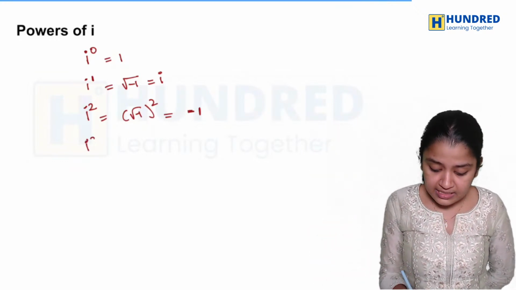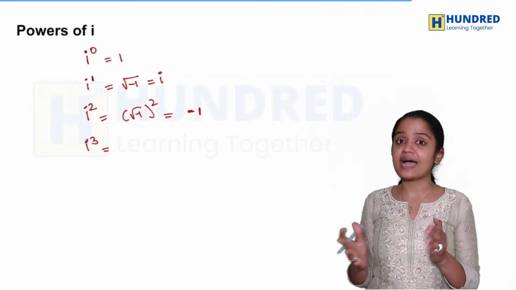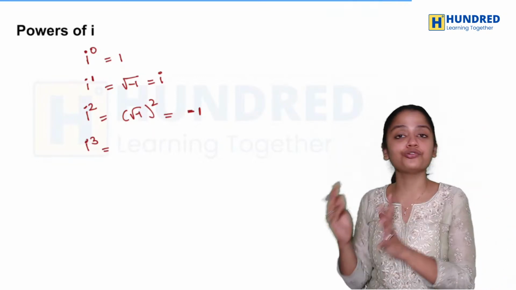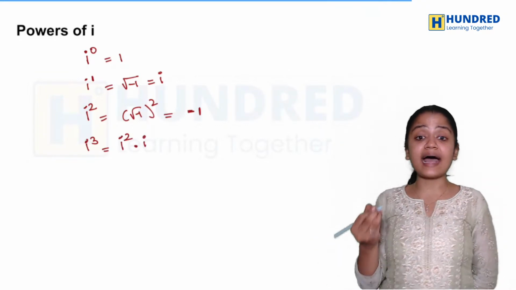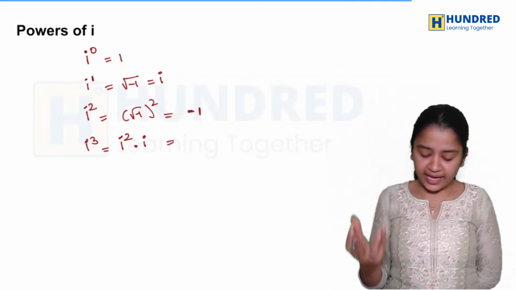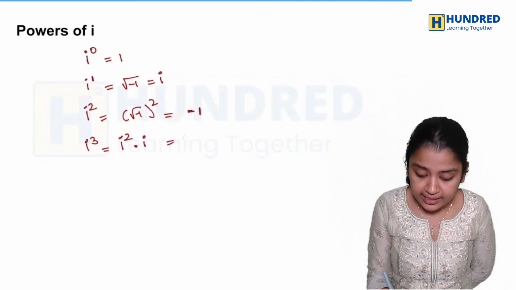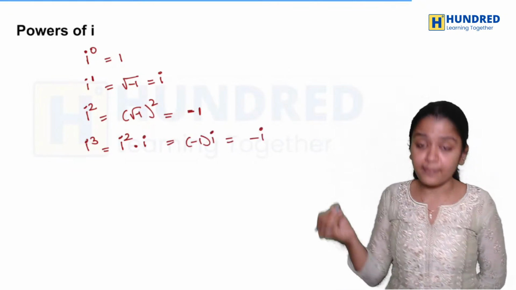Now what is i cube? I can split it as i square into i. What is i square? Just now I saw that it is minus 1, so minus 1 into i, which is basically minus i.